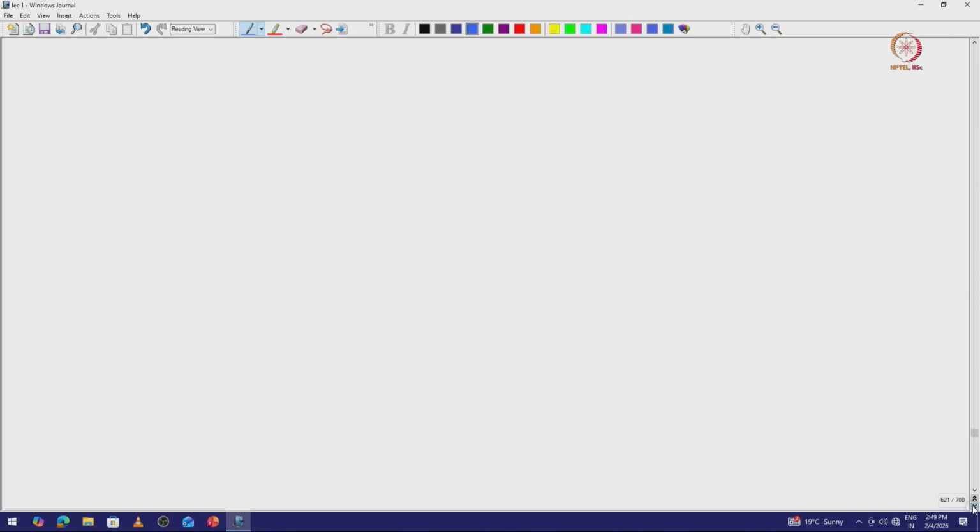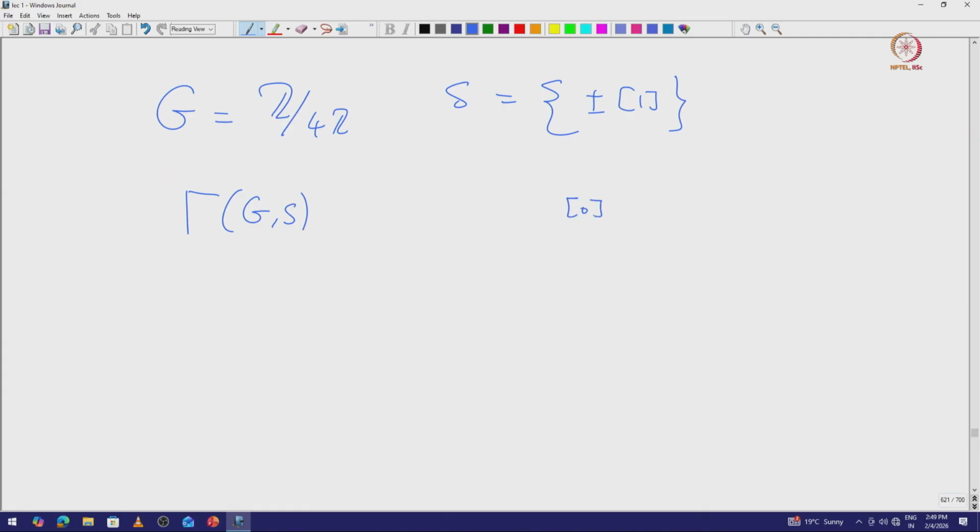Let me just draw one diagram. We can take G to be Z mod 4 Z and S to be just plus or minus the class of 1. If you look at the Cayley graph gamma G S, it will look as follows. You have 0, then 1, then 3, and then 2 here. Now you can see that 0 and 1 are connected, because 1 minus 0 is indeed 1.